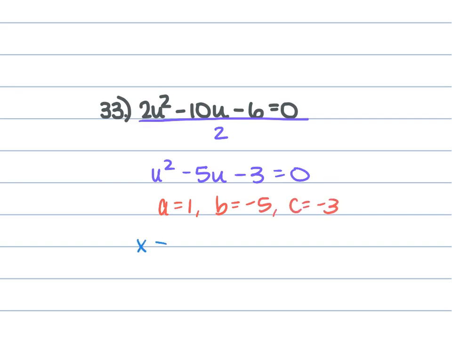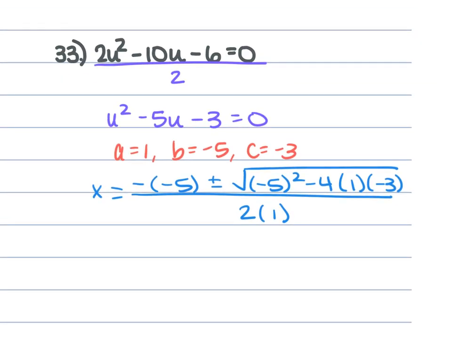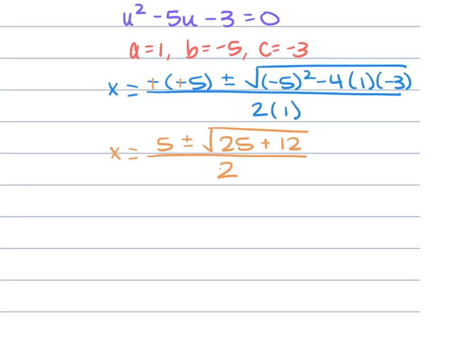So we're going to have x is equal to negative times negative 5 plus or minus the square root of negative 5 squared minus 4 times 1 times negative 3 all over 2 times 1. This is going to leave us with x is equal to 5 plus or minus the square root of 25 plus 12 all over 2. The 25 plus 12 is going to give us 37. So x is equal to 5 plus or minus the square root of 37 over 2.